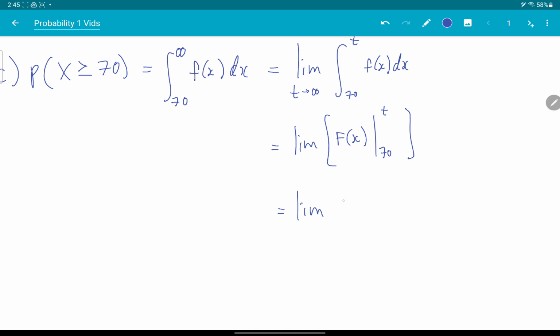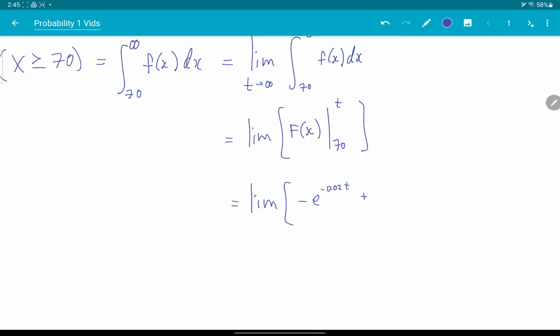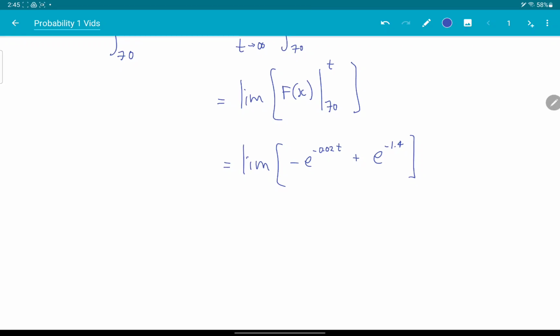which is the limit of, now what was that function again? Negative e to the negative 0.02 t plus, then when I plug in 70, I get e to the negative 1.4. Then t is going to infinity.